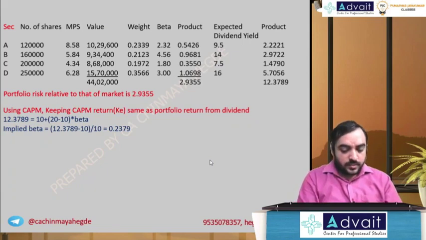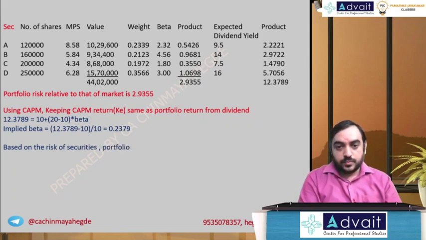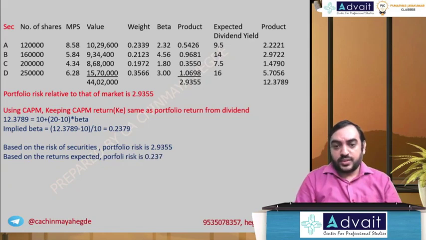So based on the risk of securities, portfolio risk is 2.9355, but based on the returns expected, portfolio risk is 0.2379.